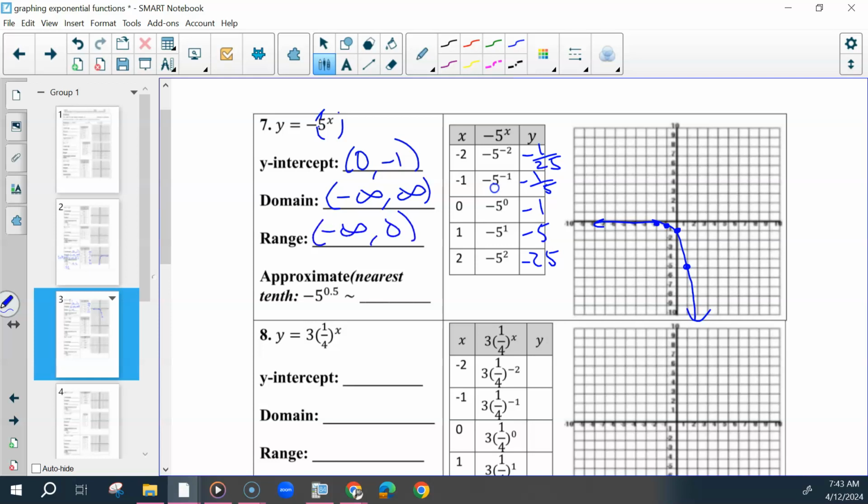Negative infinity to 0. And then go ahead and, you can guess if you want to, but go ahead and put that in your calculator. Negative 5 to the 0.5. Negative 2.23. Do that one more time. Negative 2.23. Negative 2.23.